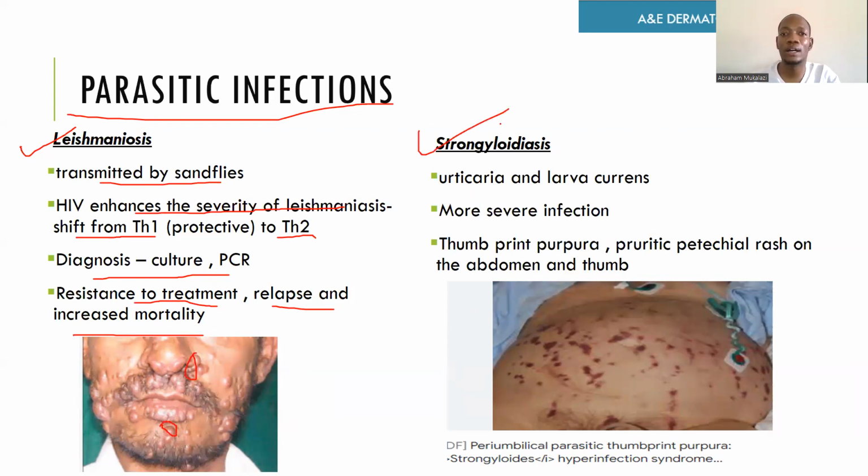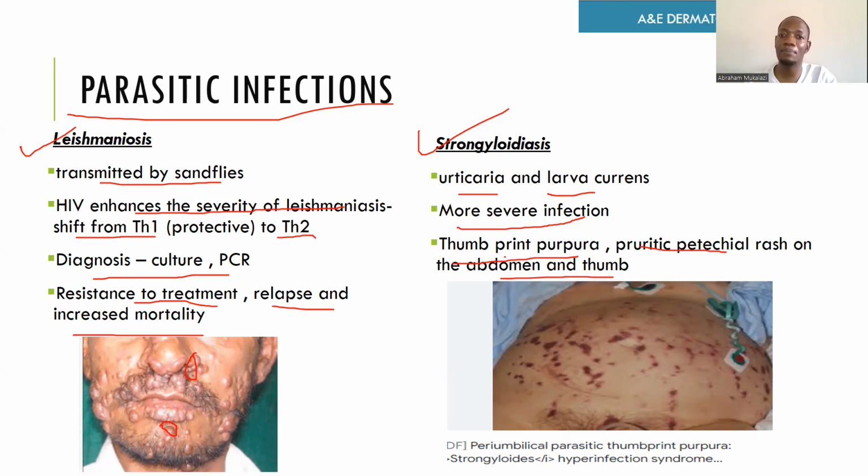Then when you go to the worms, strongyloidiasis or these worms, someone will have urticaria or even larva currens, and it is usually more severe. In HIV, different cases have been reported whereby strongyloides causes what we call thumbprint papules, or papular lesions or petechiae, which occur on the trunk and the thumb.